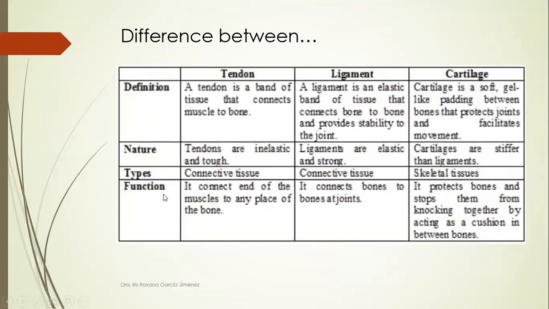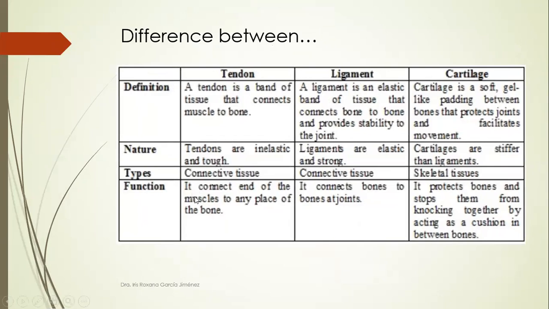Okay. Now we have the difference between tendon, ligament, and cartilage. A tendon is a band of tissue that connects muscle to bone. Tendons are inelastic and tough. They act as connective tissue.